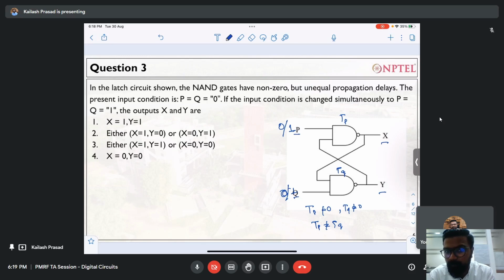Sir, second. Either X equal to 1, Y equal to 0, or X equal to 0, Y equal to 1. Okay, so why do you say it will be second? Do you want to explain? Sir, because there is unequal propagation delay, and the condition will change simultaneously.